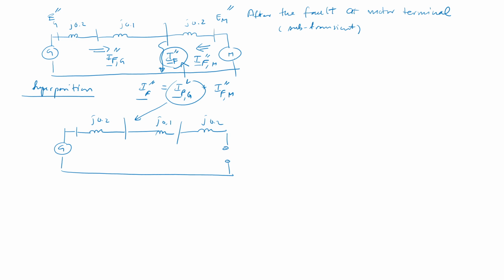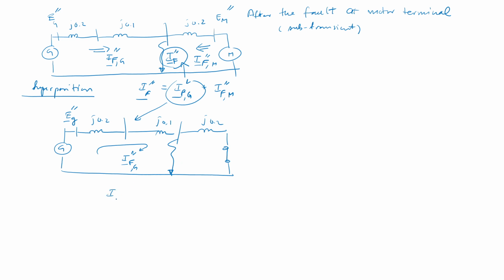The deactivation of the voltage source is by short circuit. The voltage is the same, and the short circuit is over here. So this is the IFG double prime, and this is EG double prime. I put the underscore because this is a complex quantity, right?